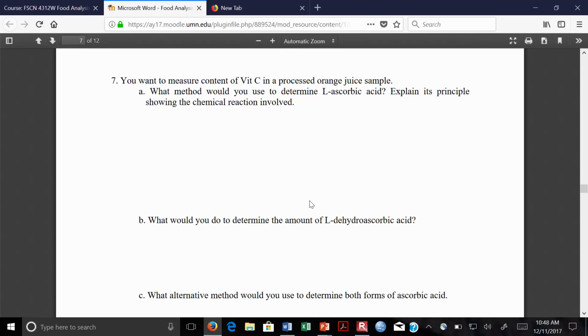Add a reducing agent. So I would add a reducing agent at the beginning, and then in the class somebody asked me, well, if you add a reducing agent, it's going to reduce the dye as well. No, we add a small amount of reducing agent, and we run a blank of that reducing agent, so that the difference would be only the reduction due to L-ascorbic acid.